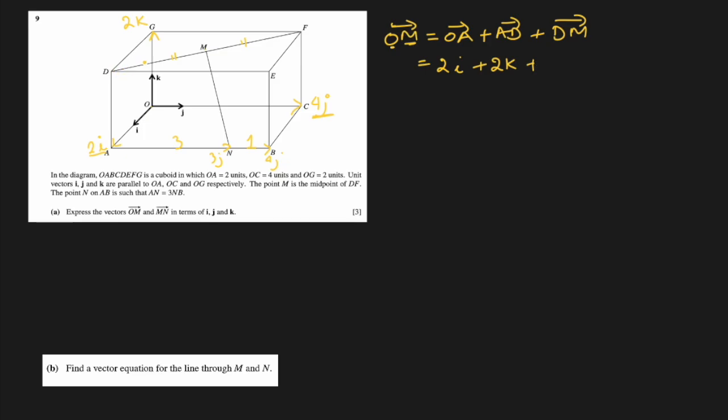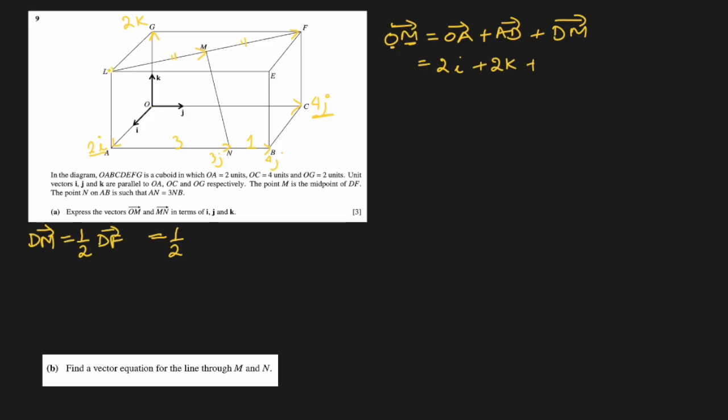DM, in this direction we don't have any i, j, k, so for DM I'll do some work here. Can I say that DM is half of DF? Yeah, because they have said this is midpoint, so DF, its half is DM in the same direction. So if I find DF somehow, I will get DM. So DF can be found.